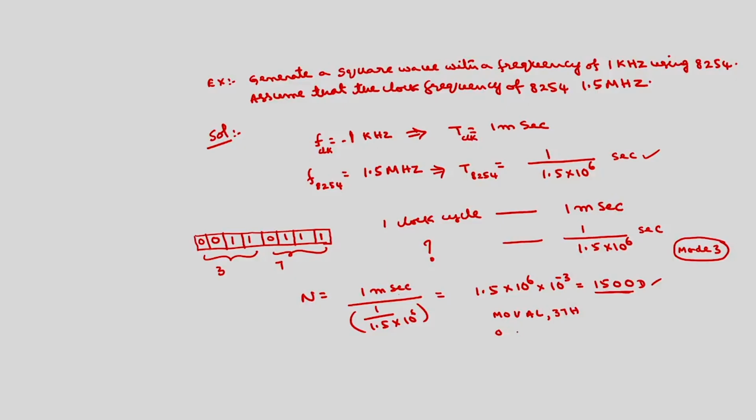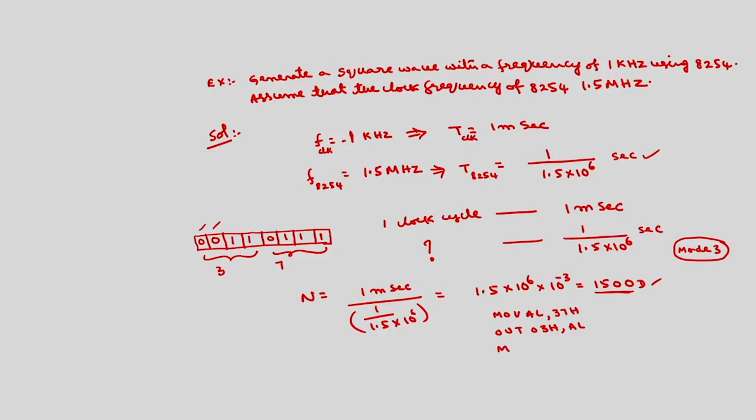OUT, the address of the control register is 03H for the interface connection that we have shown in the earlier class, AL. This is mode set. After that we have to load this count value onto counter 0, because here you have selected counter 0. Okay.